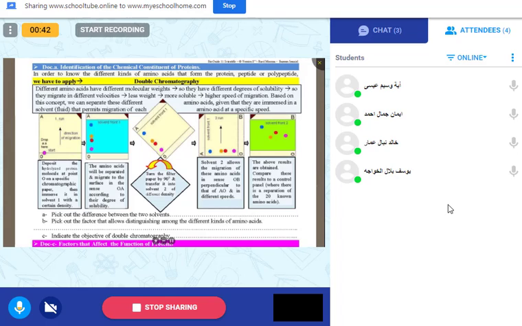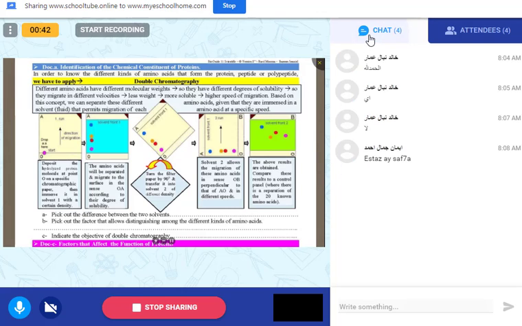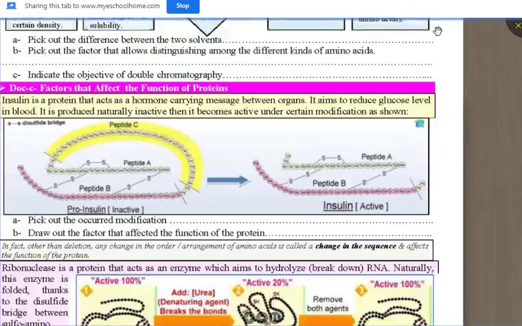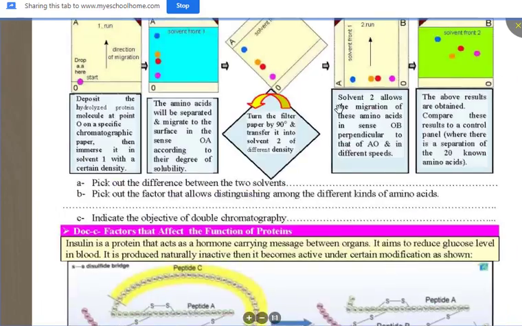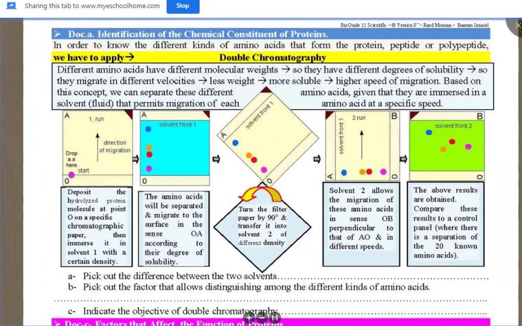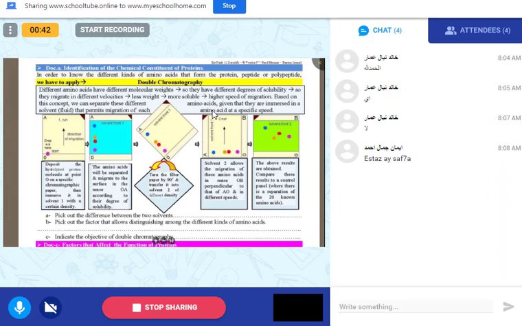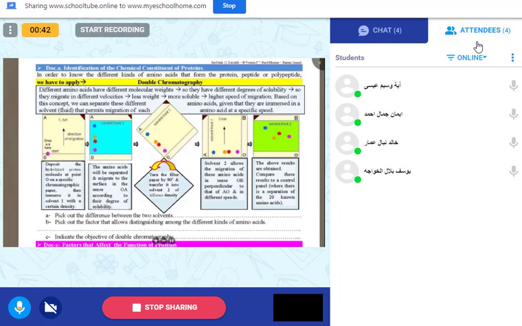Who can read this part? Iman, next page of what we did last time. Page 74. Page 74. Yes, I can read it.